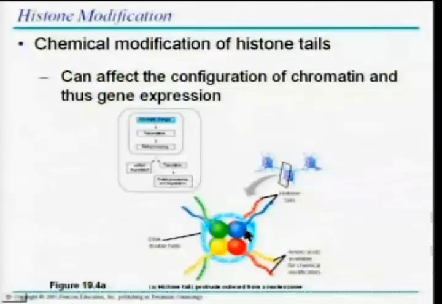And these tails, the amino terminal is just the very tip of it, right? So these tails have amino acids available for chemical modification. So the histone tails protrude outward from a nucleosome. In this end view of a nucleosome, each type of histone is shown in a different color. The amino acids in the N-terminal tails are accessible for chemical modification.